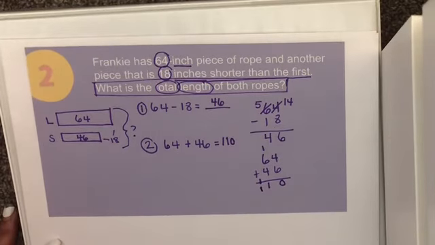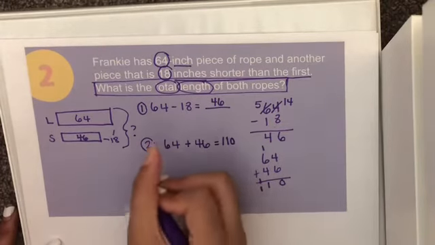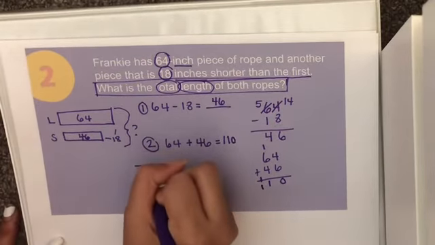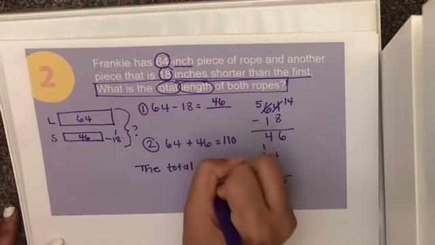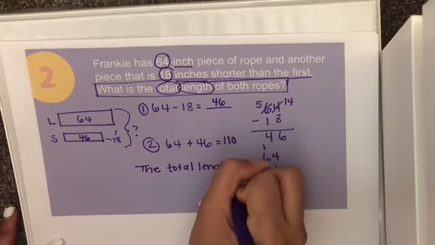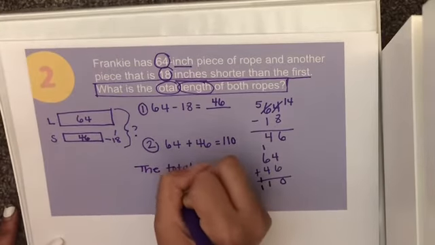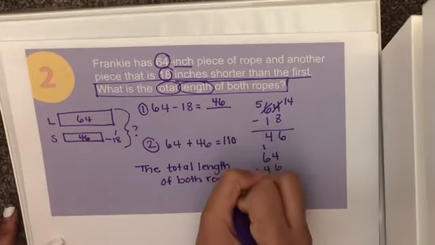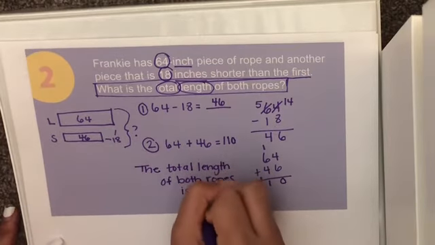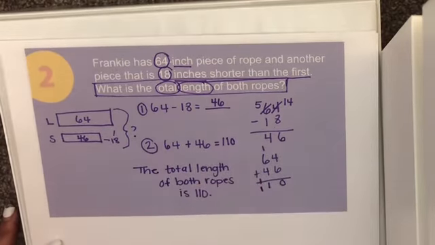I need to write down my statement. And my statement is going to say the total length of both ropes is 110.